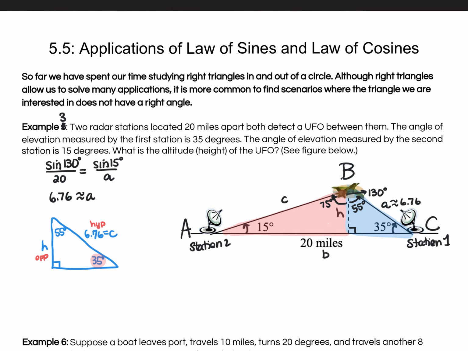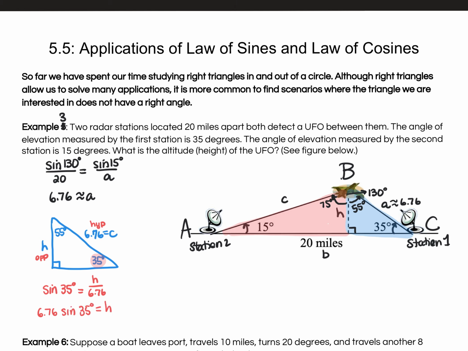This would be my hypotenuse. And we know that the opposite side and the hypotenuse are related by sine. So I could say, well then sine of 35 degrees is just going to be h over 6.76. And then I've got a really easy equation that I can actually solve for h. Multiply both sides by 6.76.